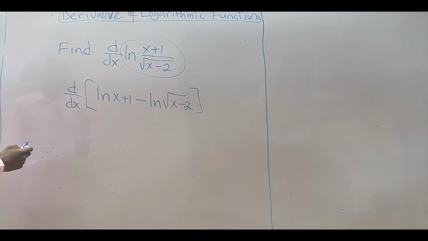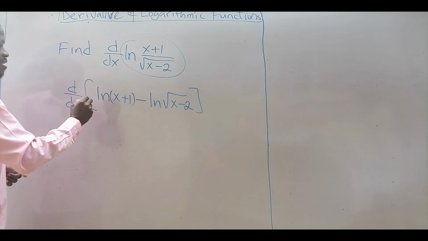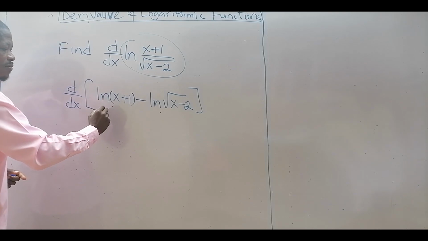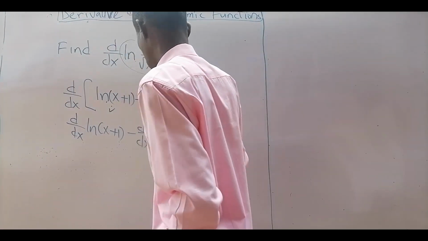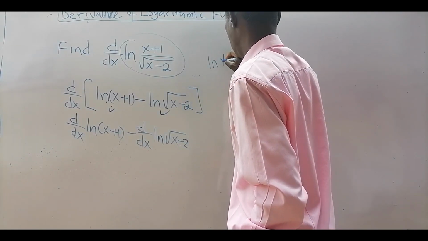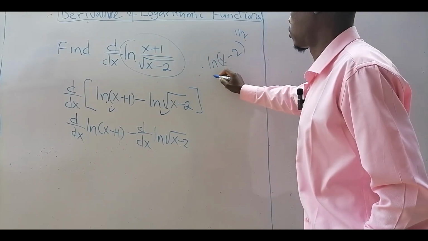That will be ln of the numerator, and since it's a division, minus ln of the denominator. Then the next thing to do is to begin to differentiate. We must know that the derivative of a difference of functions is the difference of the derivatives. And don't forget that the square root can be written as (x minus 2) to the power half, and this half can come to the front.